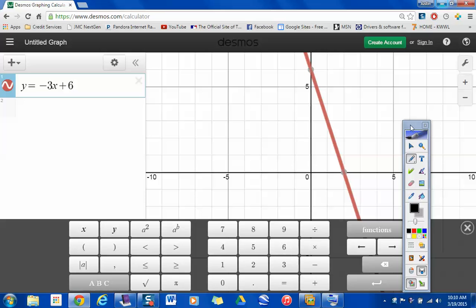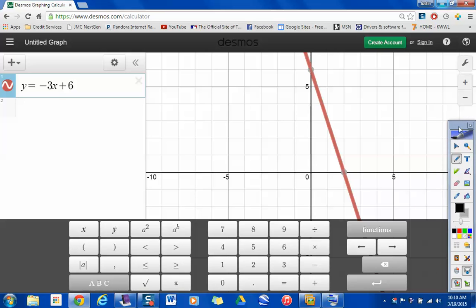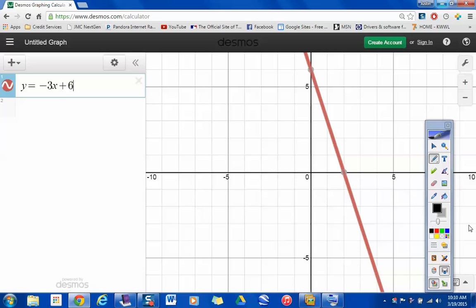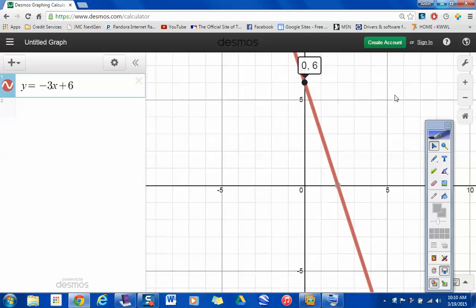Quick question here, kiddos. And I love Desmos for this reason. You can come up here and hover right here on that. And holy cow, it tells you that's the point. What, comma, what? 6. That's 6 indicating which intercept? Y-intercept, right?